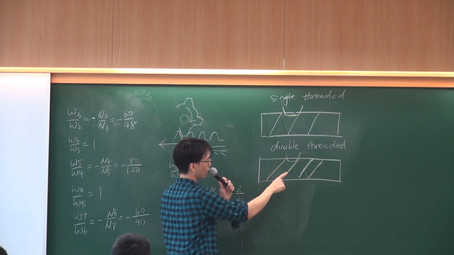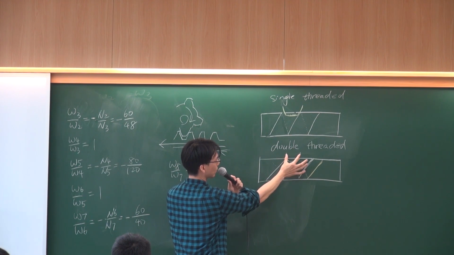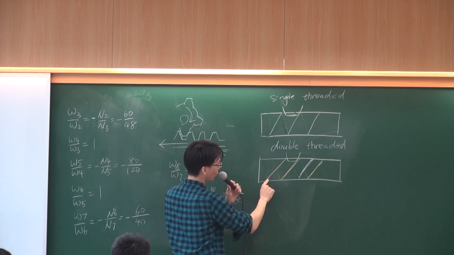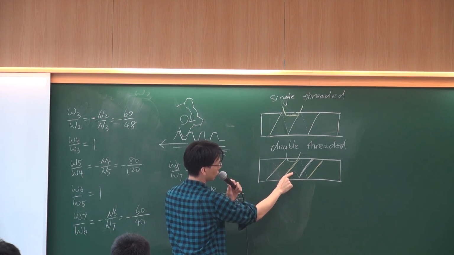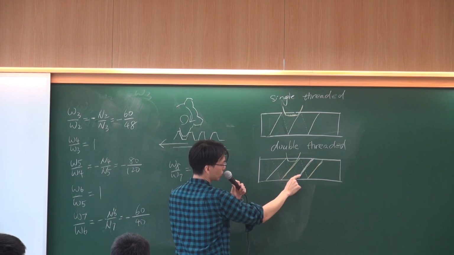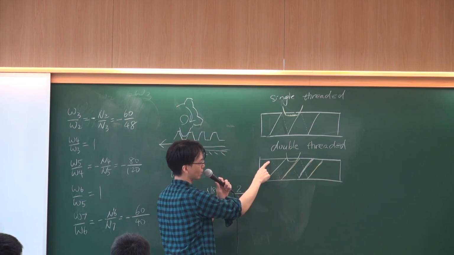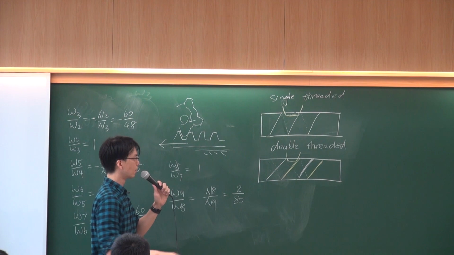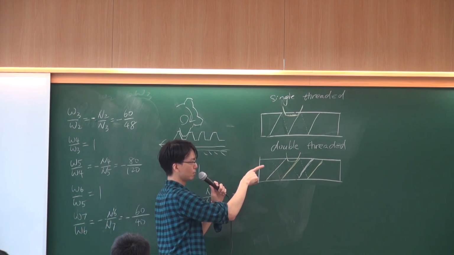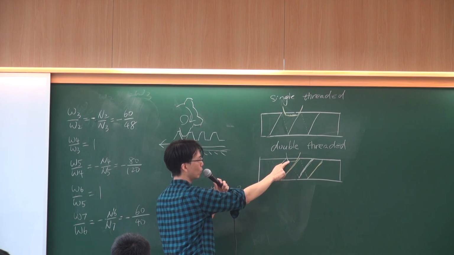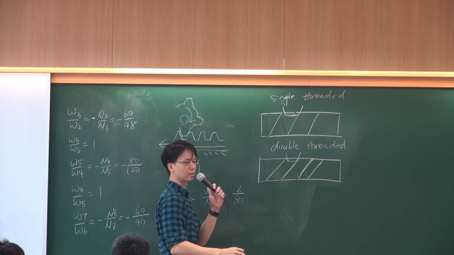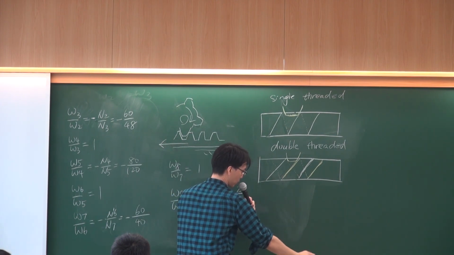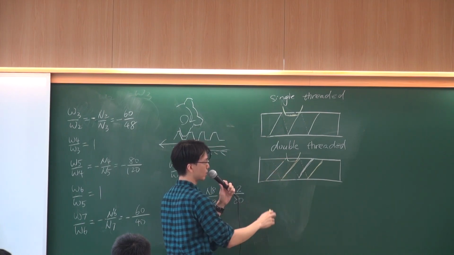I draw one with a white one, another one is yellow. I also install a gear tooth here. If you follow this white one, it moves along this white dashed line to the next white one. And there's another thread, the yellow one. But this time, if I rotate the shaft by a cycle, by 360 degrees, where will this tooth be located?